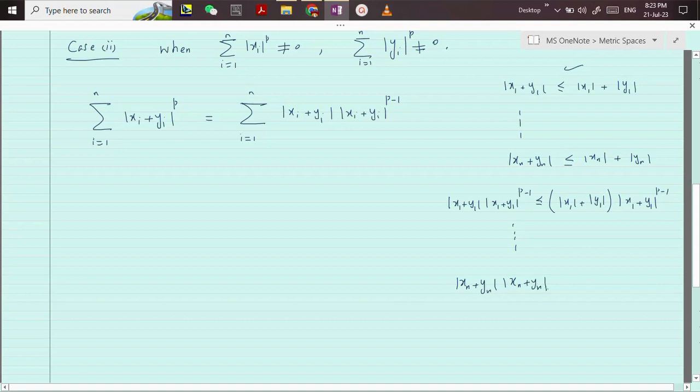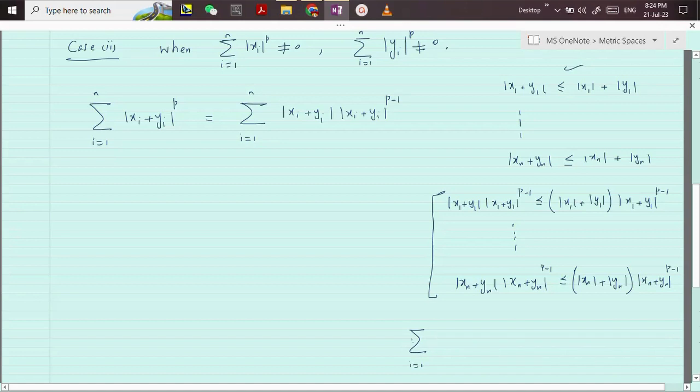|xn + yn|^(p-1) less than or equal to |xn| + |yn| into |xn + yn|^(p-1). So when we add all these inequalities, what do we get?